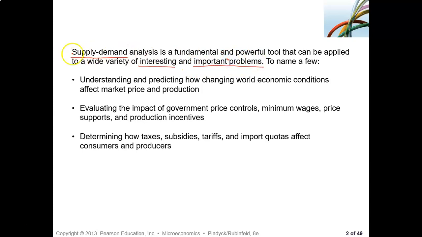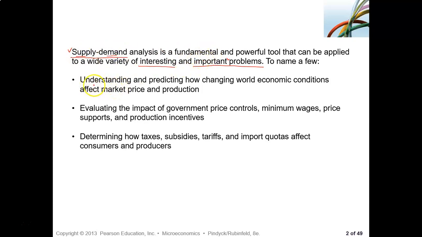This supply and demand analysis will tell us how we get the equilibrium price and equilibrium quantity of a commodity, and also how that will change. The model will also tell us how things will change over time as the different determinants behind supply and demand change.